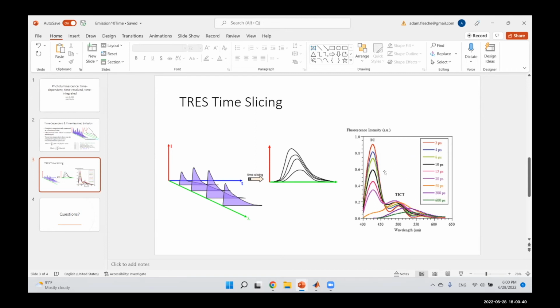They use this to explore solvent relaxation, which affects the rate of these processes and charge transfer systems. So they looked at an intramolecular charge transfer system here, and they looked at all these different time slices. But that was basically all I had.